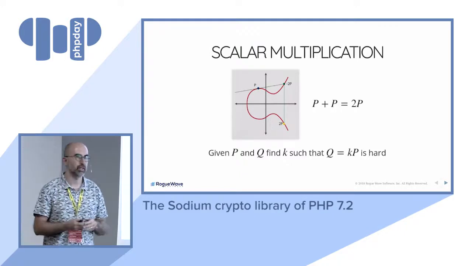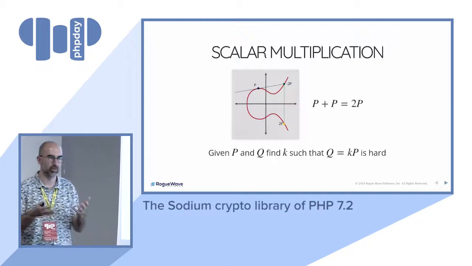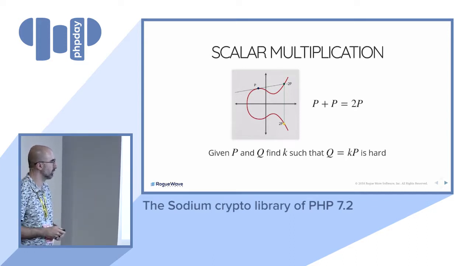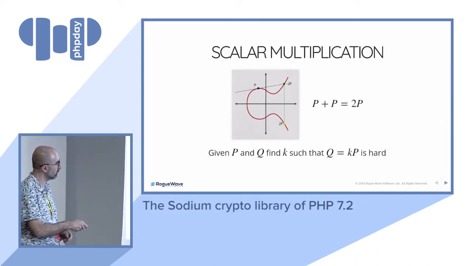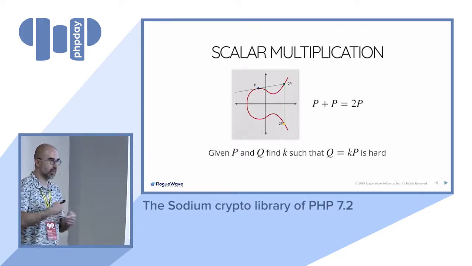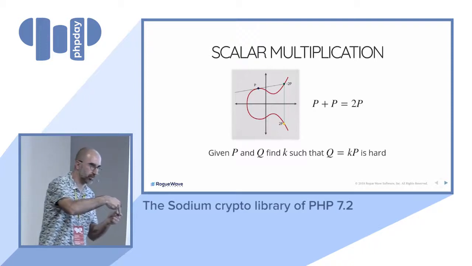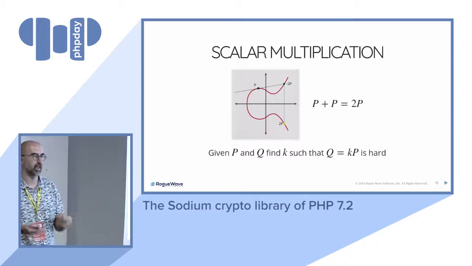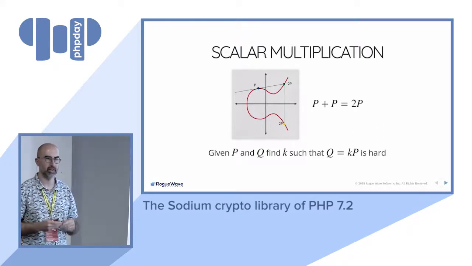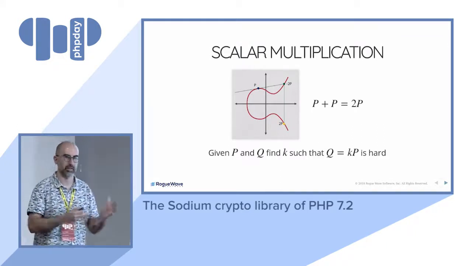In cryptography, they try to find a hard problem to rely on, and this is actually a very hard problem using the elliptic curve. Given 2 random points on the curve, finding the number of iterations needed to jump from one point to another is very hard. It's like the problem of prime numbers or discrete logarithms for RSA.